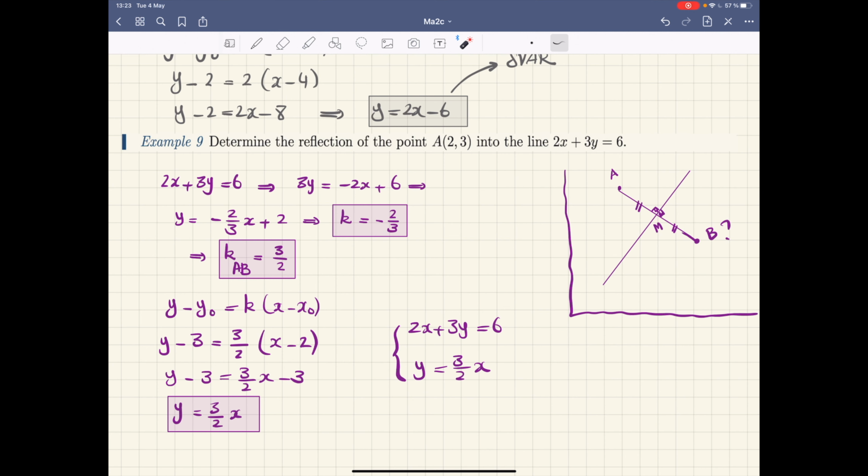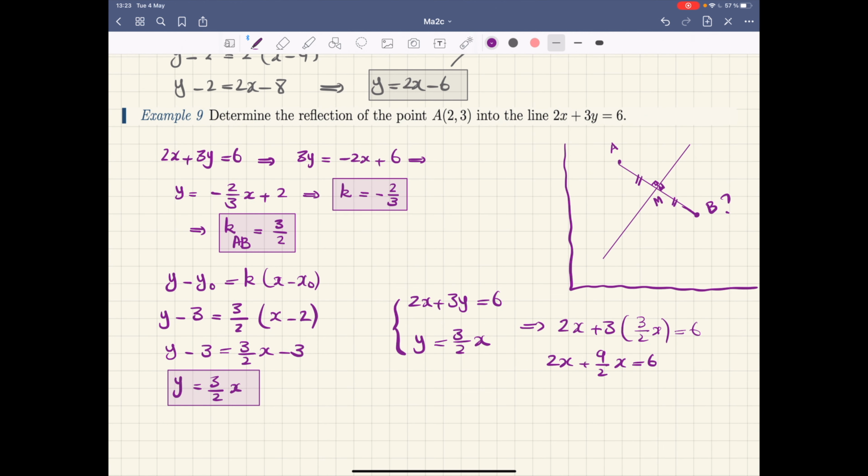Okay, so let us solve it. I don't know which one you prefer. I think the substitution method is better here, because instead of y, I just put 3 over 2x. So this becomes 2x plus 3 times 3 over 2x equals 6. And then this becomes 2x plus 9 over 2x is equal to 6. I multiply everything by 2 because I hate fractions. It becomes 4x plus 9x, so 13x is equal to 12.